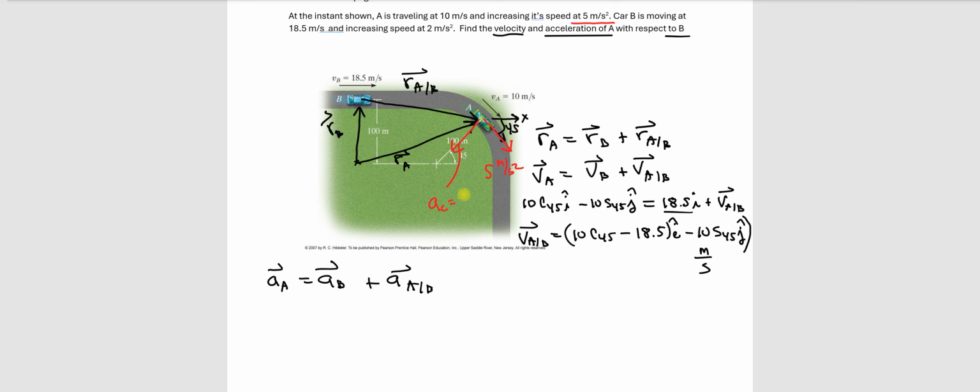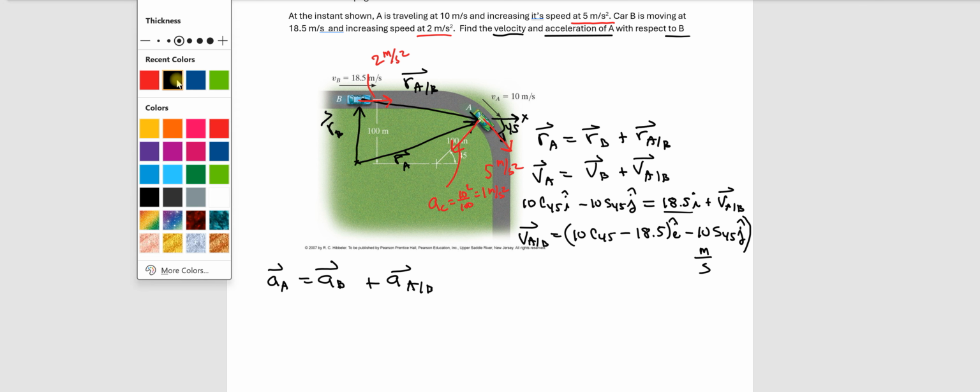Car A is traveling at 10 meters per second with a 100-meter radius, so that's 10 squared over 100, which comes out to 1 meter per second squared. Now car B has a tangential acceleration of 2 meters per second squared this way. And that's it, because car B is not right now undergoing any sort of circular motion.